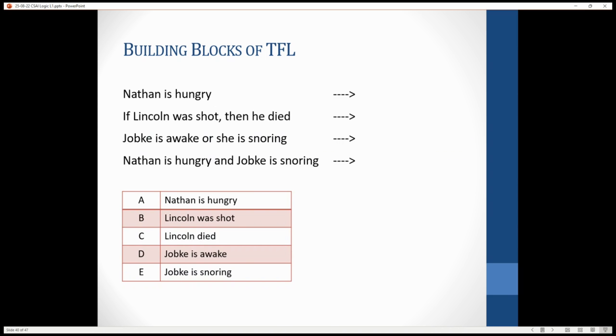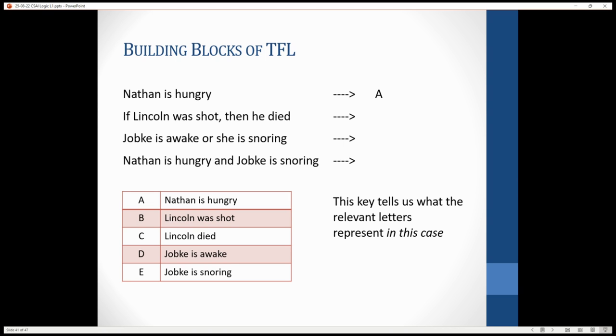Okay. So here's our symbolization key and some English sentences. Let's get started with symbolizing. So many S's. So let's try the first one. How would we symbolize Nathan is hungry using this key? Very difficult. How about if Lincoln was shot, then he died?